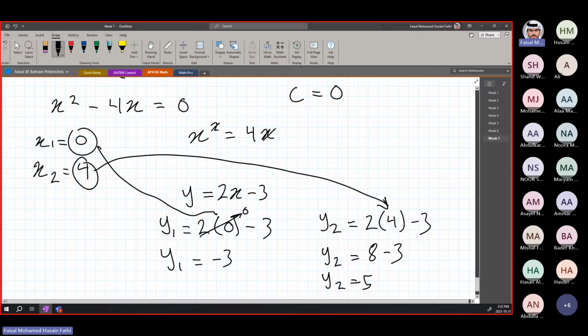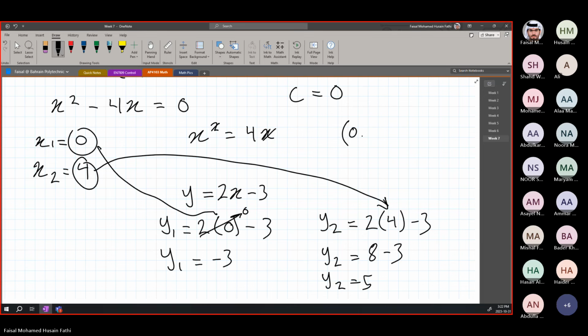All right, so we found our first point, which is 0, minus 3, which is x1, y1. And we found our second point, which is 4, 5, x2, y2. What does this mean?